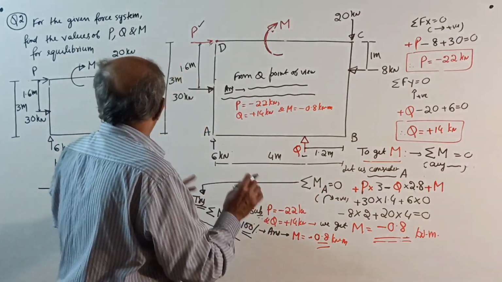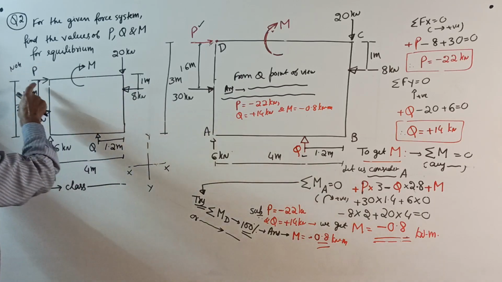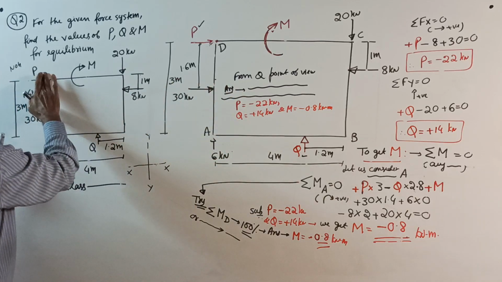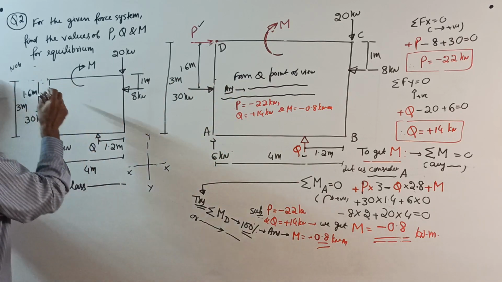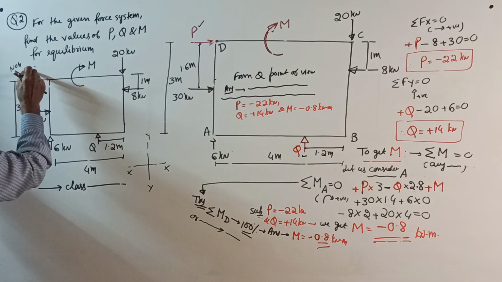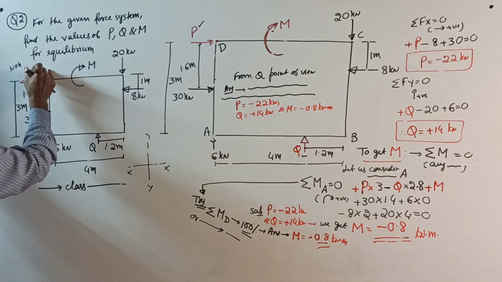See, now do one thing. Make a note here. They want P like this, but actually it is wrong. It came negative. Therefore, if you want it without sign, the real force is here. This is your P, and it will be 22 kilonewton, no negative now.